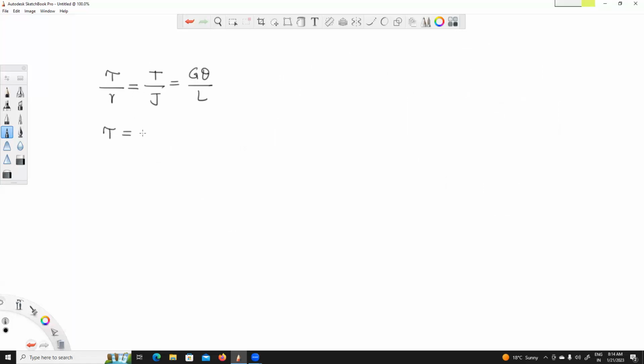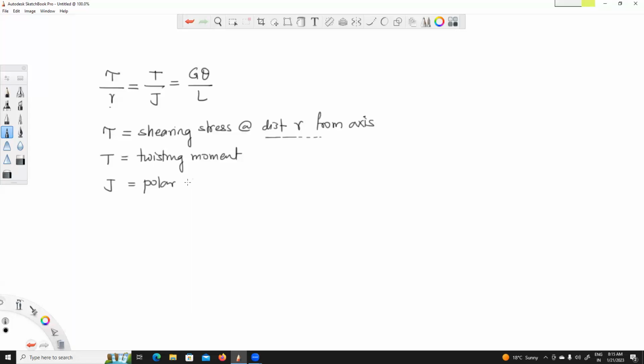So tau is the shearing stress at a distance r. This shearing stress is at position r from the axis. So r is the distance from the axis. T is the twisting moment, exactly similar to what we studied in bending moment, denoted by M. J is the polar moment of inertia; there we had just moment of inertia.